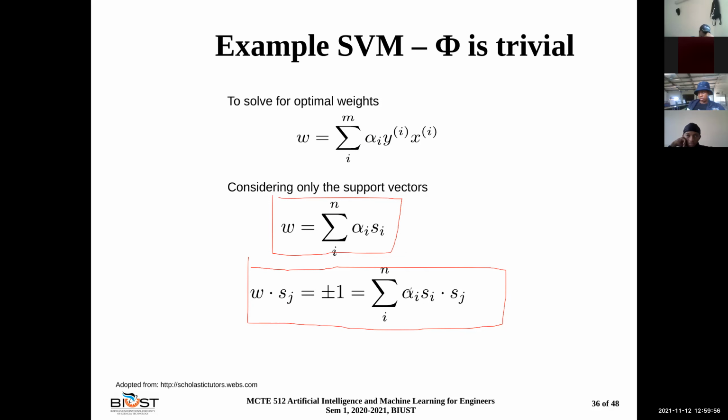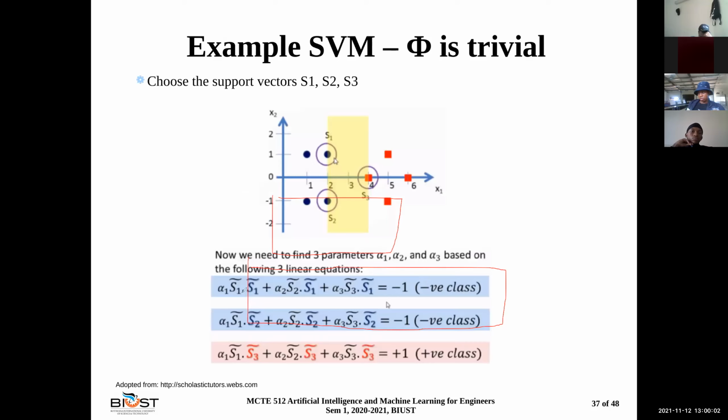So okay, consider this equation, alpha times Si and the support vector Sj, the other support vectors. So here, alpha times S1 with the support vector S1, and then alpha times S2 with the same support vector, and then alpha S3 with the same support vector. And this is the classification of that first support vector.